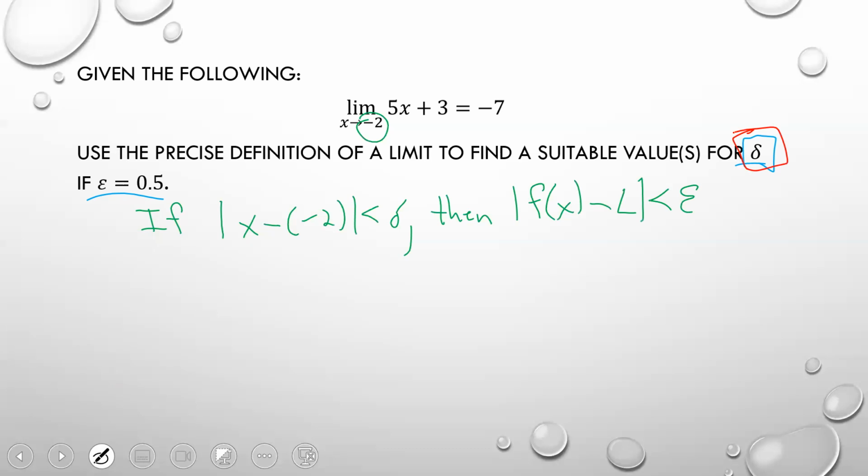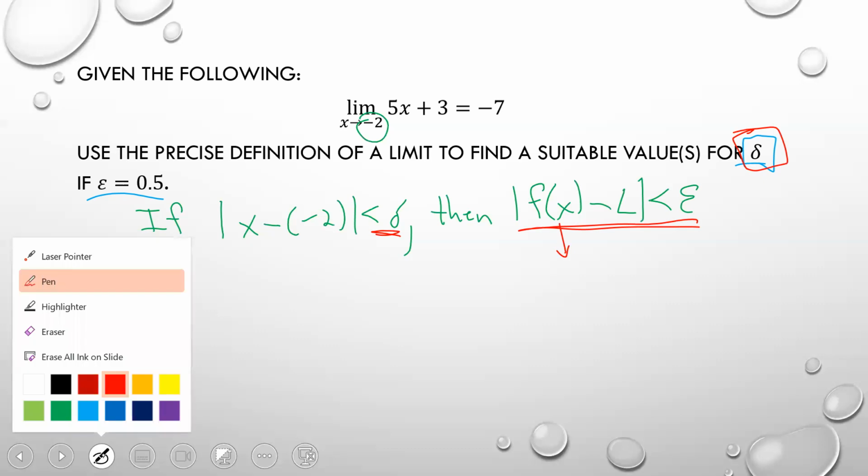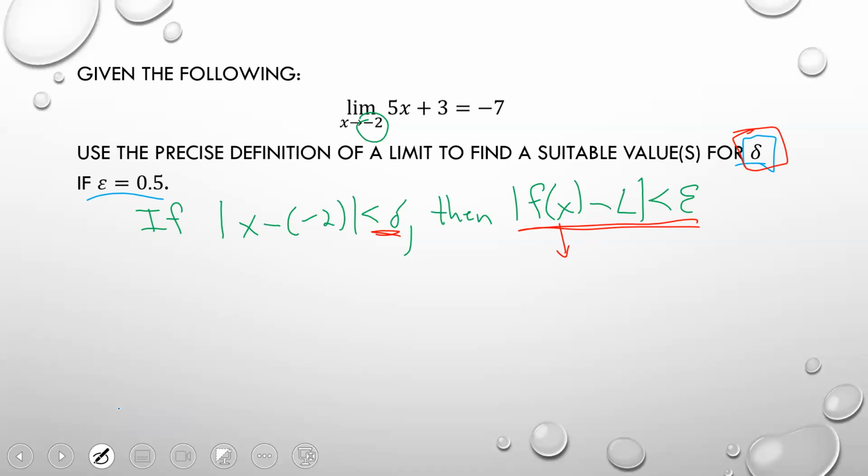Now to do that, we're actually going to work backwards because we're trying to find this, but we're actually going to start at the end here and work backwards and use this absolute value to try to find the value for delta. So what is that going to look like? Well, first we're going to fill in information here in this inequality that we know. So for f of x, we can input the function from our limit.